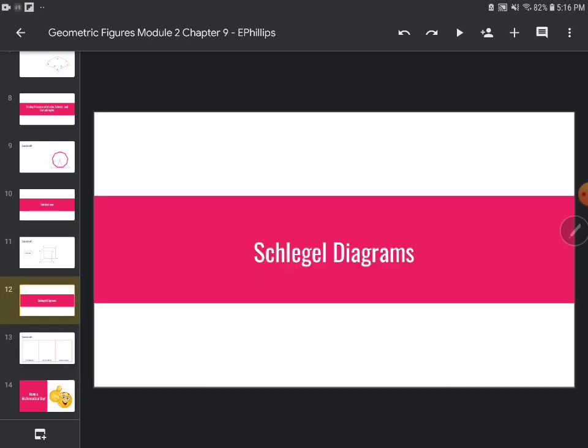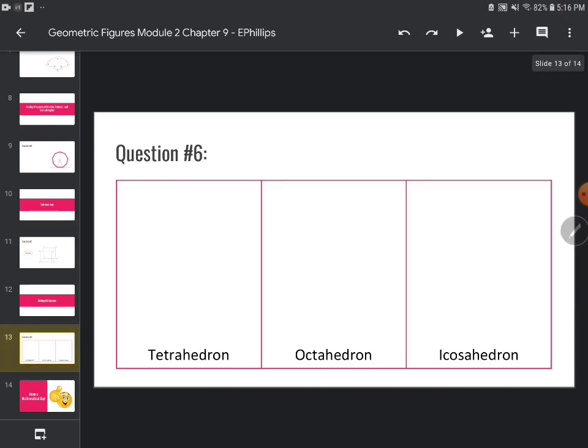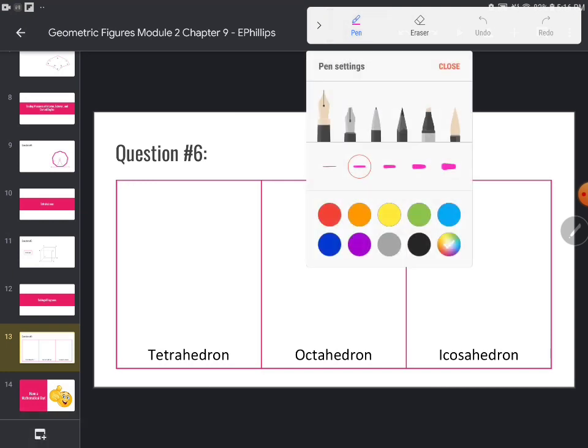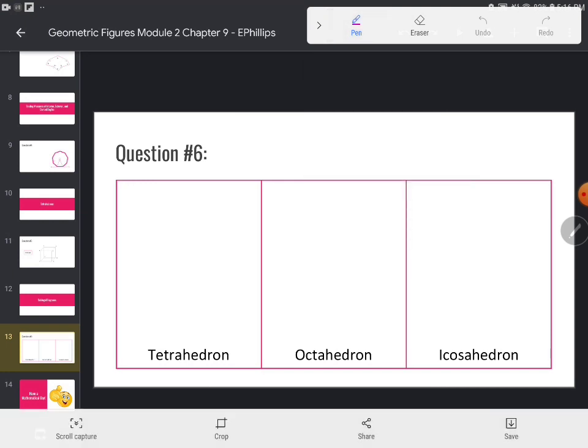Next, we're going to talk about Schlegel diagrams. On question 6, we're asked to draw a diagram for each of the following. We have a tetrahedron, an octahedron, and an icosahedron. Now we already know what our tetrahedron looks like, and I'll go ahead and draw up a simpler diagram.